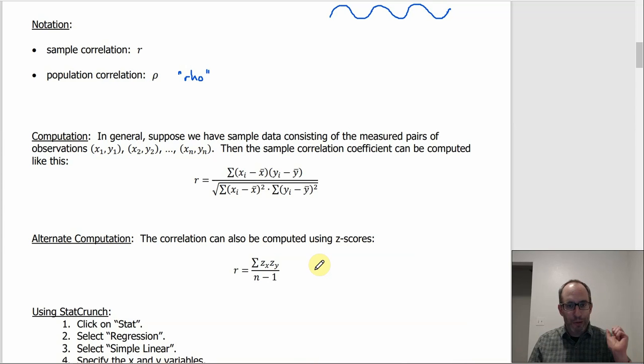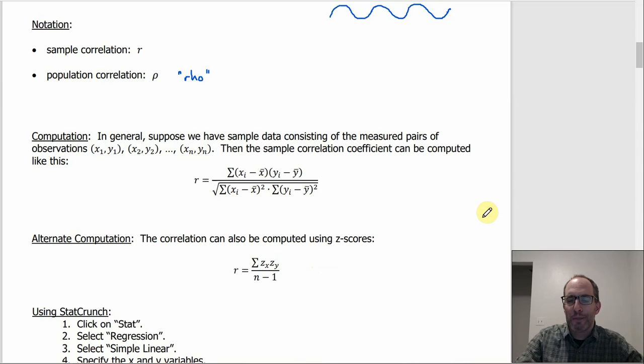So you'd be able to compute a mean for x and a standard deviation for x. You'd be able to compute a mean for y and a standard deviation for y. And so then for each individual, you would have two measurements and you'd be able to compute two z-scores. So what you do, if you're going to do this whole thing by hand, is you compute both z-scores for each individual, one for the x measurement, one for the y measurement, and multiply them together. And you do that for every individual in your sample, add all those products together, and then divide by n minus 1, and that's your correlation.